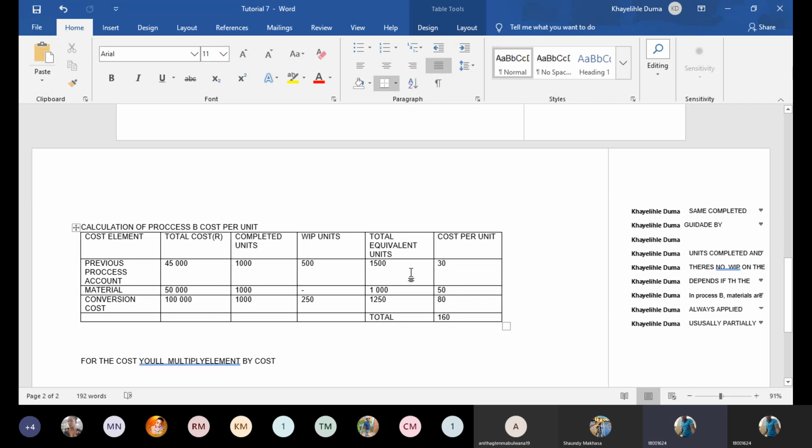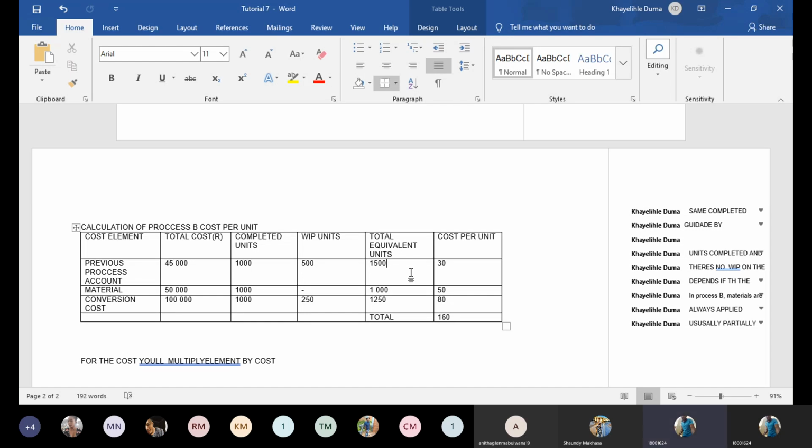Okay. So another scenario that you can be given on process costing is that there was opening work in process. So if it was opening work in process, you consider it, right? Let's say we were doing process account A. Last month when we were doing process account A, we ended with a work in process of 50 units. Now when we do process account A in the following month, obviously we have to consider the opening work in process that we closed that time.